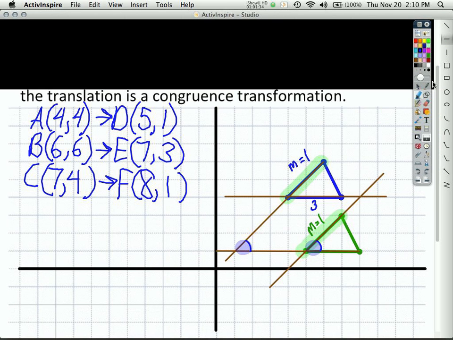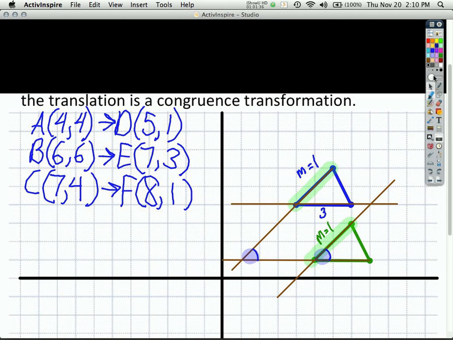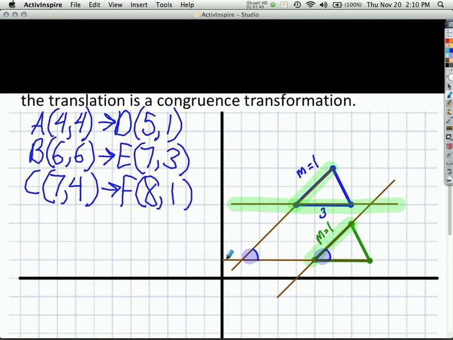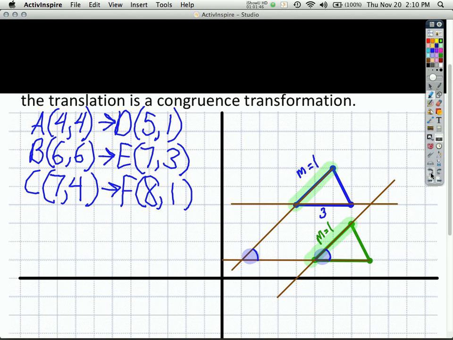If you're having trouble seeing this line and this line, what could you say about those two lines? X-Dole, what could you say about those two lines? They're parallel, right? Those two lines are parallel.